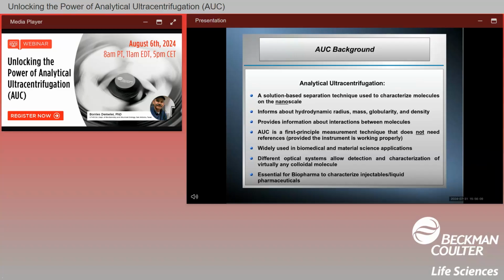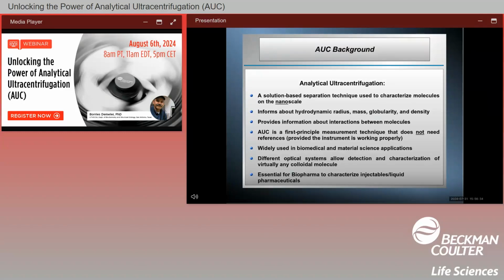The information that we get includes the hydrodynamic radius of the molecules, their mass, globularity, which is a measure of shape, as well as the density of the particles. We learn also about interactions between molecules and can measure their strength of interaction as well as slow kinetics.